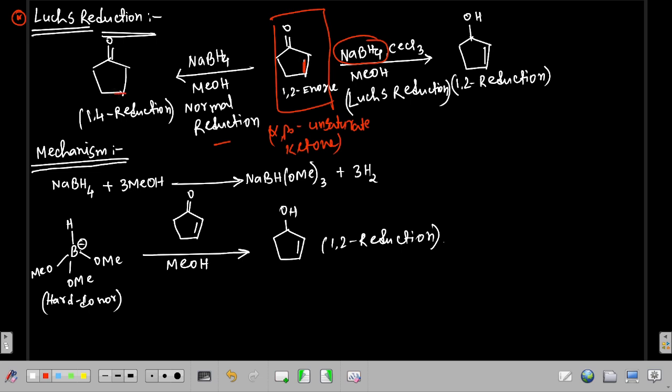But if we are using cerium chloride as a catalyst, it will reduce this ketone selectively, other than this double bond.